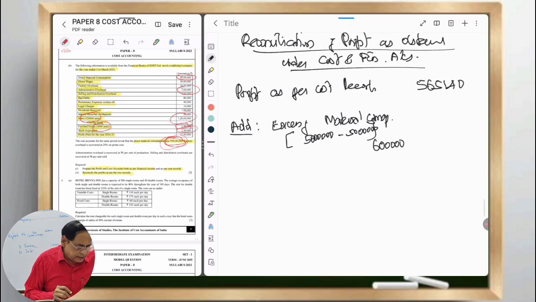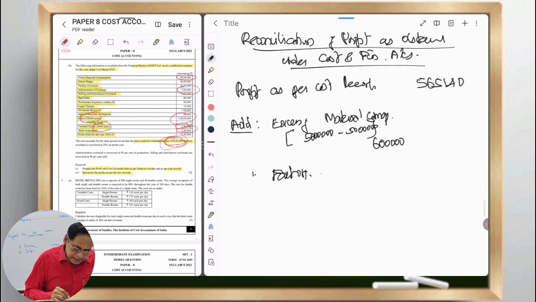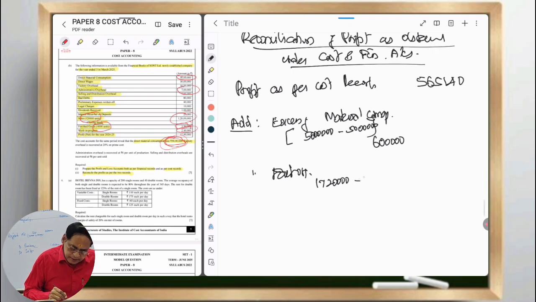And then factory overheads are also in excess. 17 lakhs 20,000 minus 16 lakhs, so that is 1,20,000 rupees extra.